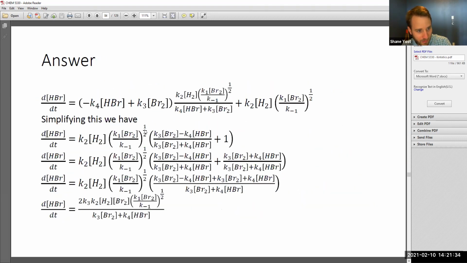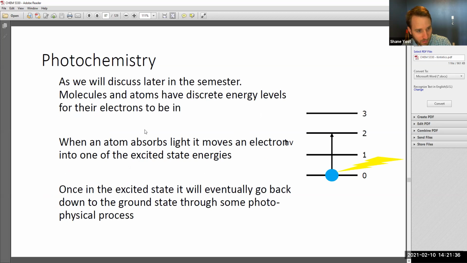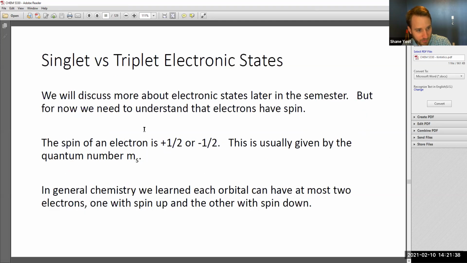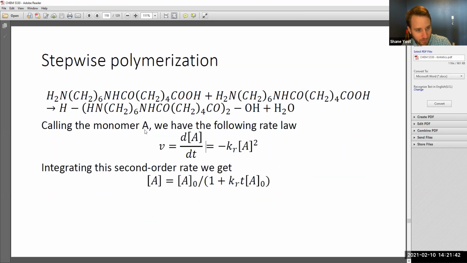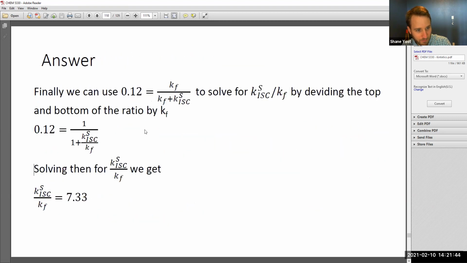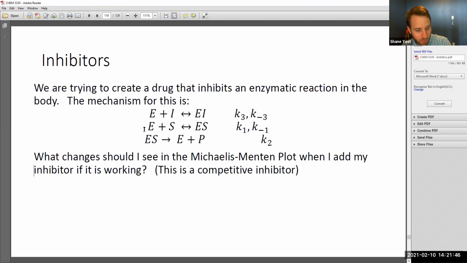And then later, after photochemistry, I don't think we'll have time to get to it, but after we get to photochemistry, I do have things on here where we have enzyme kinetics with inhibitors. I don't know if we'll get to that today, we'll see. But if you're interested in it, the things are worked out in these slides.